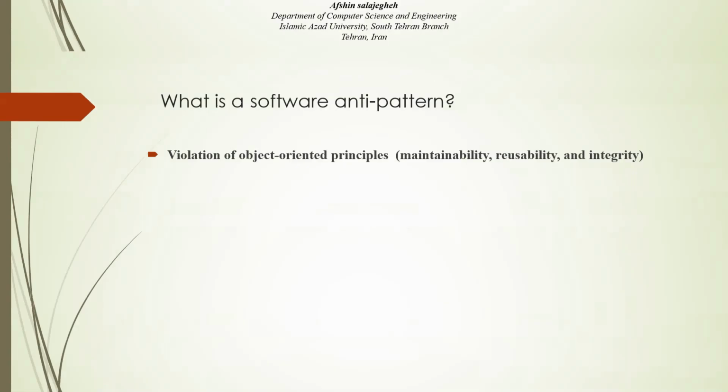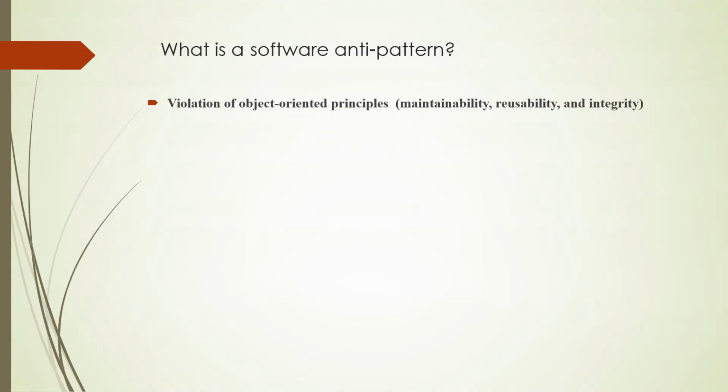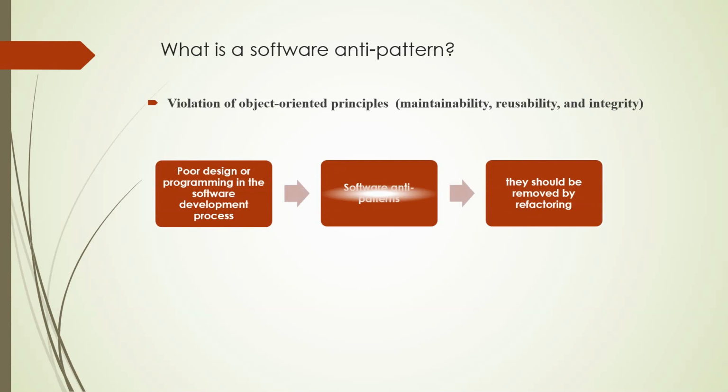We first need to know what a software anti-pattern is. Every violation of object-oriented principles such as maintainability, reusability, and integrity can lead to software anti-patterns. Poor programming or poor design in the software development process can also lead to them.